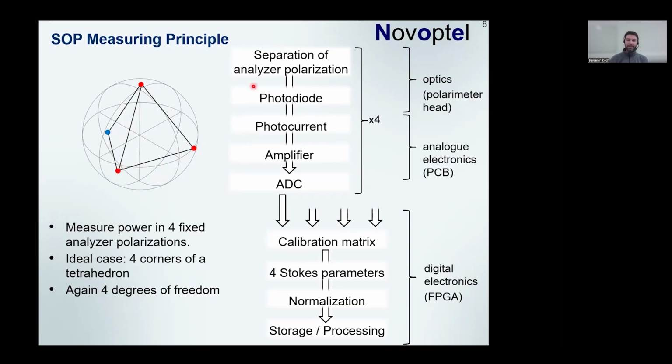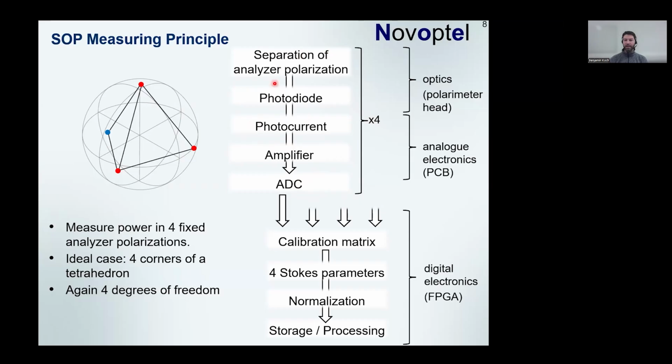So then these 4 analyzer polarizations must be separated from the wave and measured with a photodiode. Then you have 4 photocurrents, and this gives you again 4 degrees of freedom as the general Stokes vector. The signals are then amplified and digitized with an ADC, and all this you have to have 4 times, once for each of the analyzer polarizations.